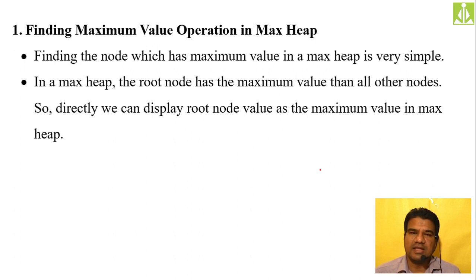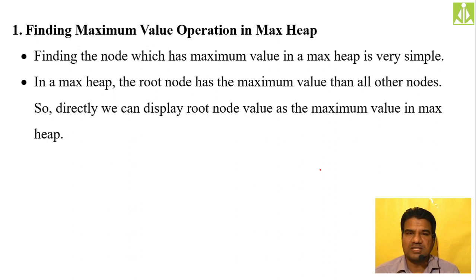So if you are finding the maximum value inside a max heap, just visit the root node and get the value, because root itself has the maximum value. Finding the maximum value in a max heap is very simple, very easy, because your root node itself has the maximum value amongst all children.